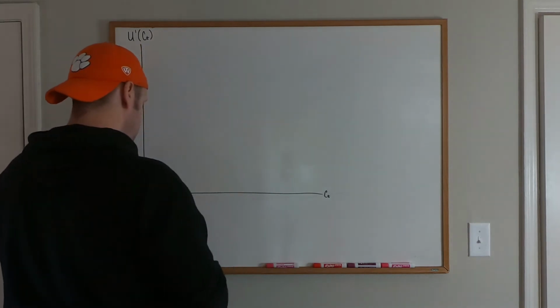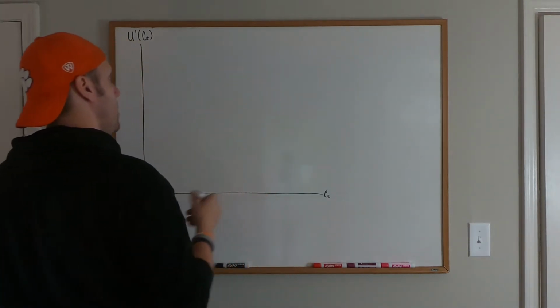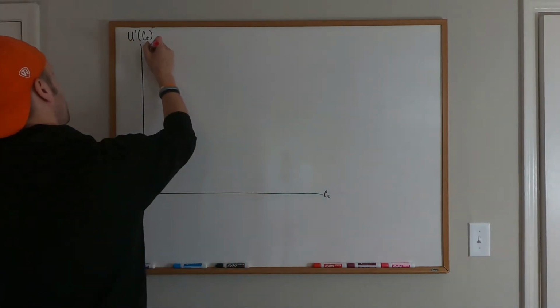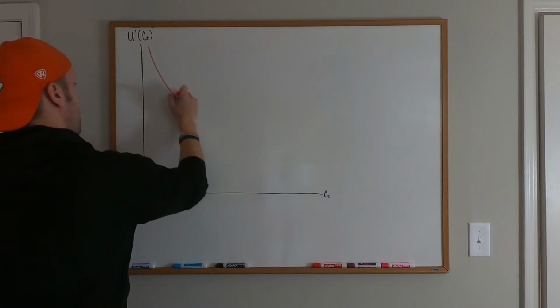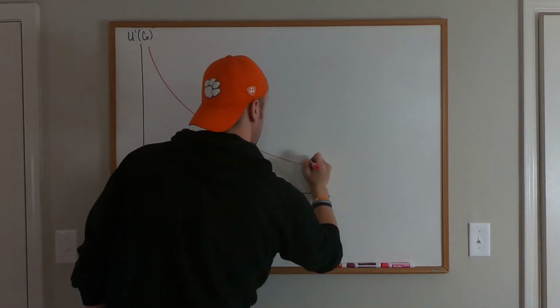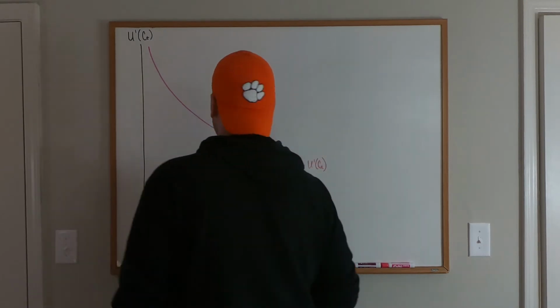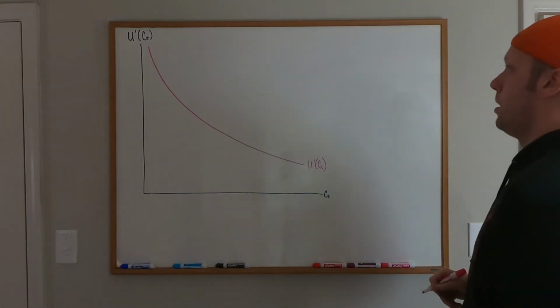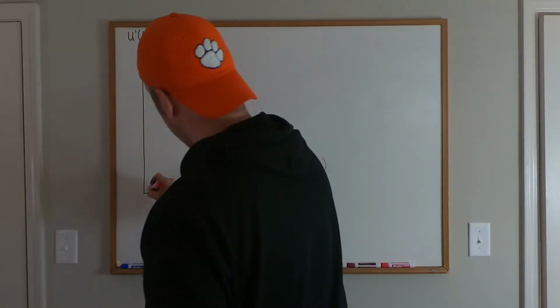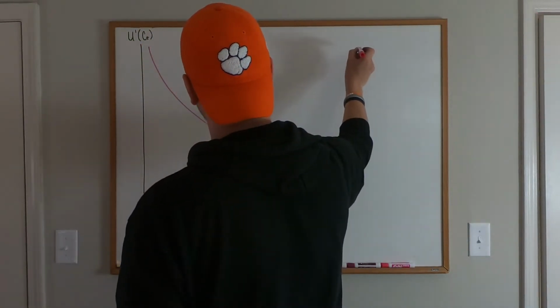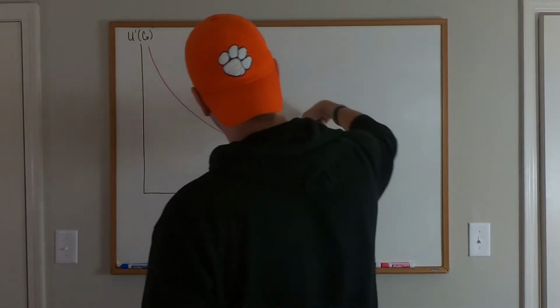Now, u prime of CT looks a little different. It looks like this, where utility was increasing everywhere, marginal utility is decreasing everywhere.